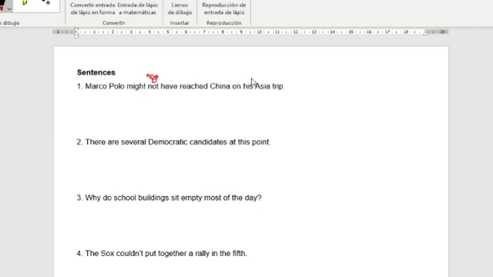On, preposition. His, possessive noun adjective. Asia trip. Prepositional phrase? No, noun phrase. His Asia trip, noun phrase working as object of the preposition.